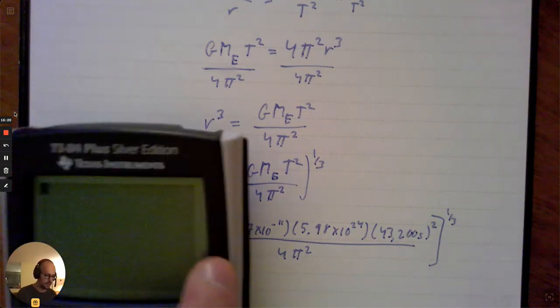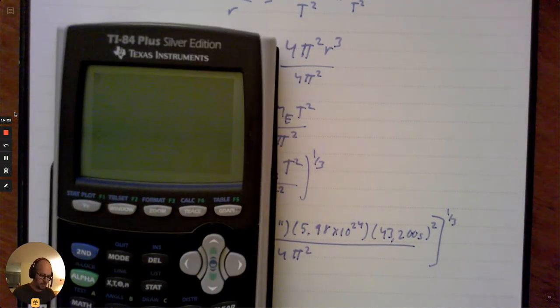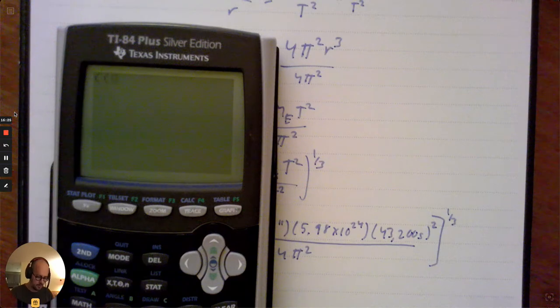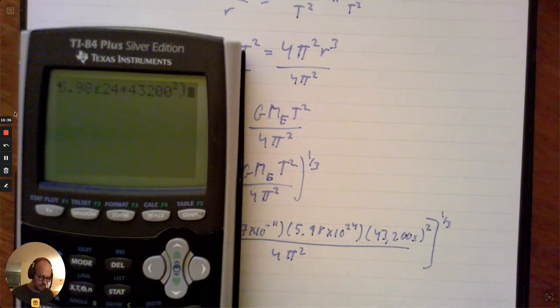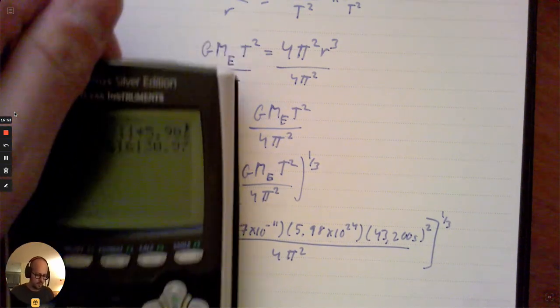So we'll do the numerator first: 6.67e-11 times 5.98e24 times 43,200 squared, divided by 4 times pi squared, all of that to the 1/3 power, and hopefully I get a number that is somewhat reasonable.